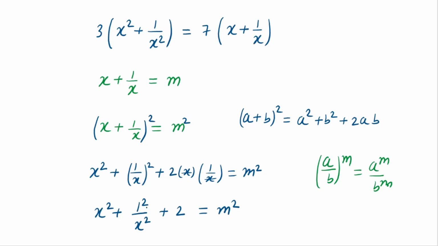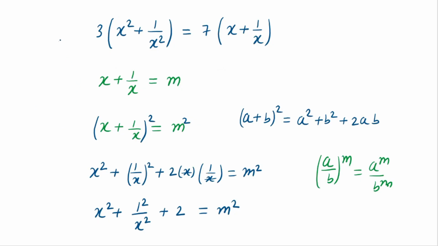So x^2 plus 1 over x^2 plus 2 is equal to m^2. Then the value of x^2 plus 1 over x^2 is equal to m^2 minus 2. Now look carefully at this equation: 3 times (x^2 plus 1 over x^2) is equal to 7 times (x plus 1 over x).